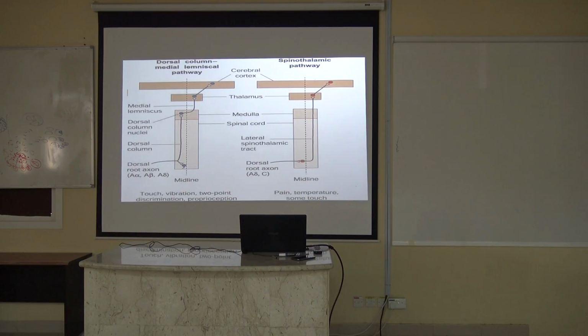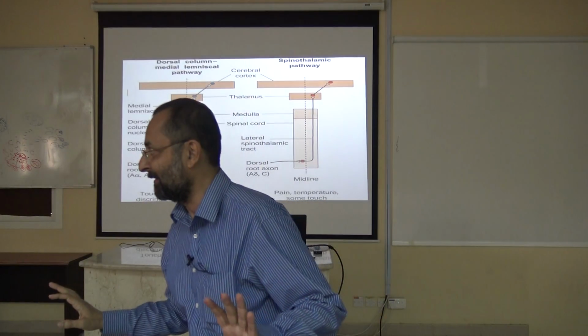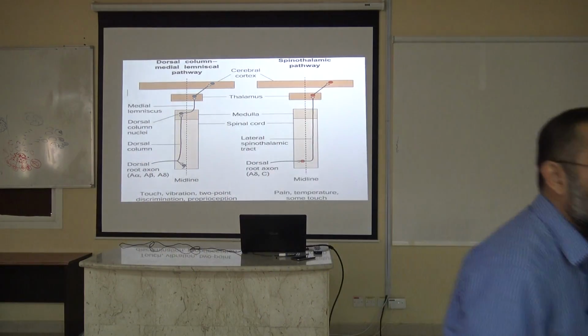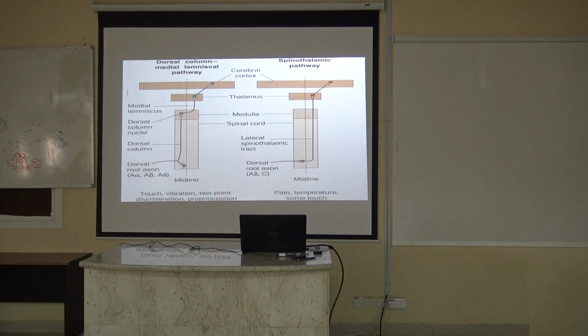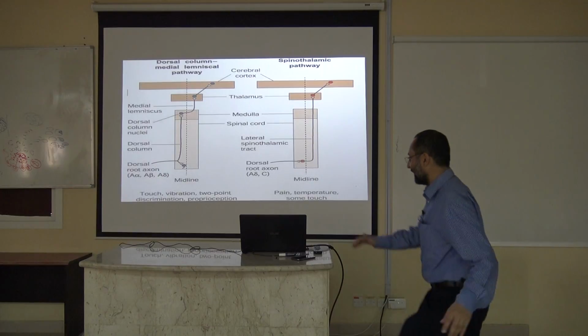If you are a little less and you touch this part, I'll say, I think you are touching 1, even though you are touching 2. I am confused really here. I cannot tell you about that. So this part at the back has the least localization and discrimination. Did you get that?